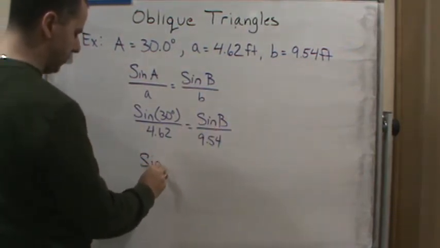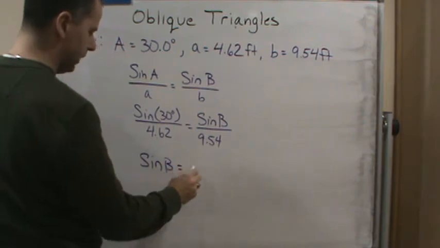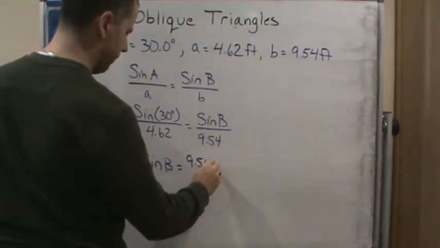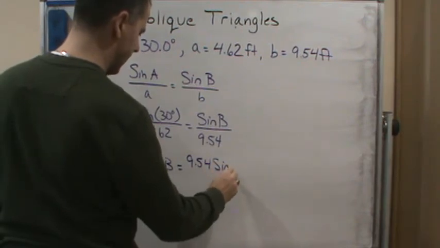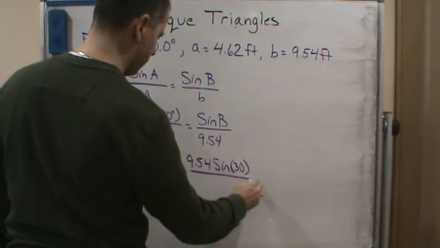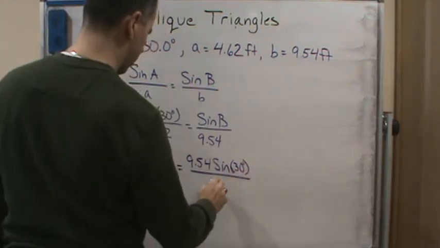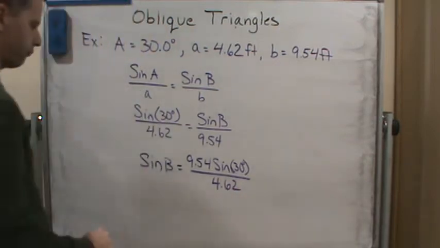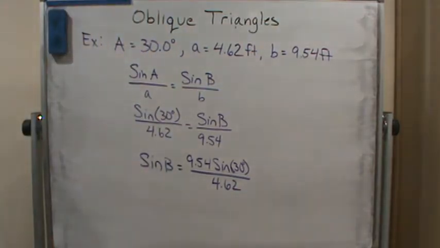So I'm going to end up with sine B is equal to 9.54 times the sine of 30 degrees, and we're going to divide by 4.62. All right.